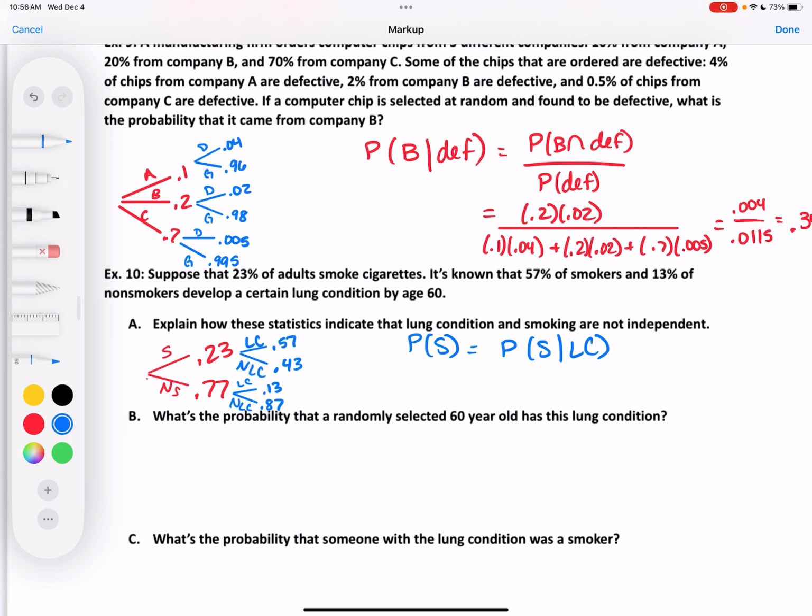So the probability of smoking is 0.23. The probability that they smoke, given that they have a lung condition, is 0.57. So these are not equal and thus not independent.